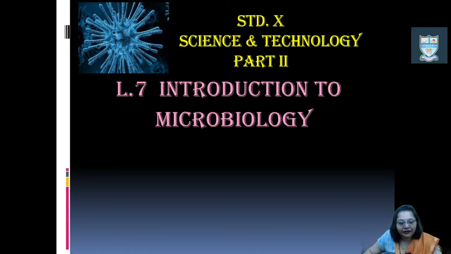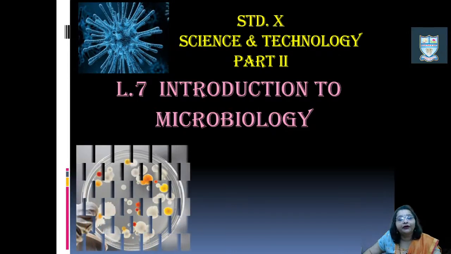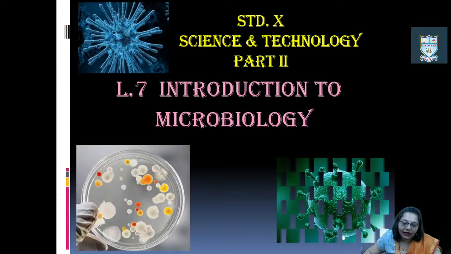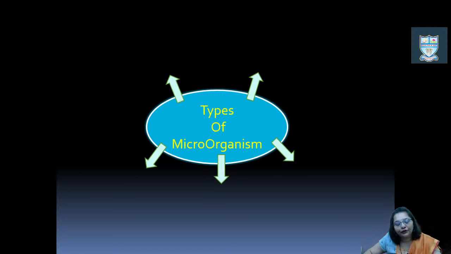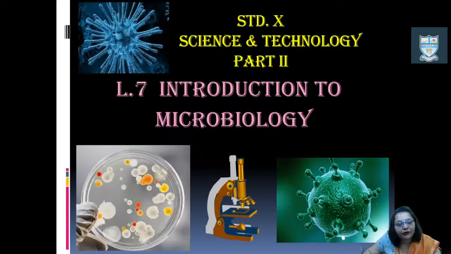Right, last time we learnt about how microbes are useful in various fields and useful to mankind, isn't it? We learned what a microorganism is initially. Microorganisms are tiny organisms, tiny living things, and the study of these microorganisms is called microbiology.